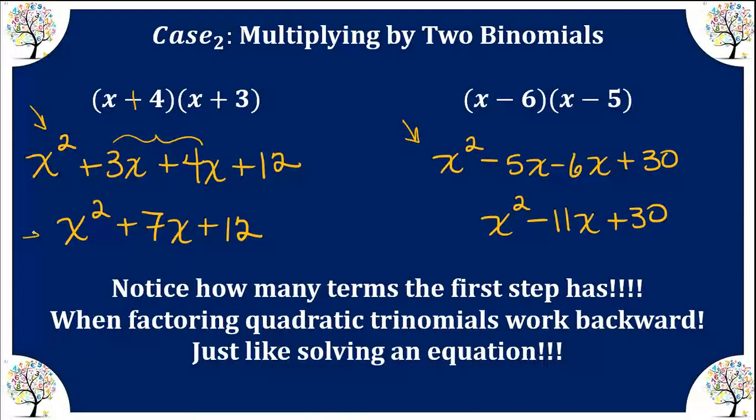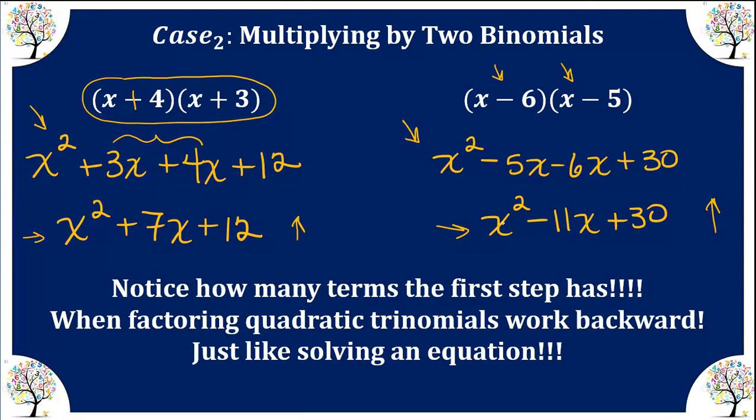When we are going to factor this quadratic trinomial, we will be working backward. The goal is to find these two factors, which are two binomials. Again, we will be given a quadratic trinomial, and we will be working our way up to get the two factors.